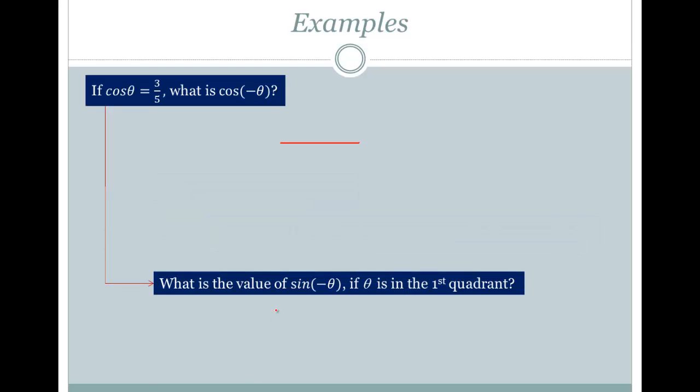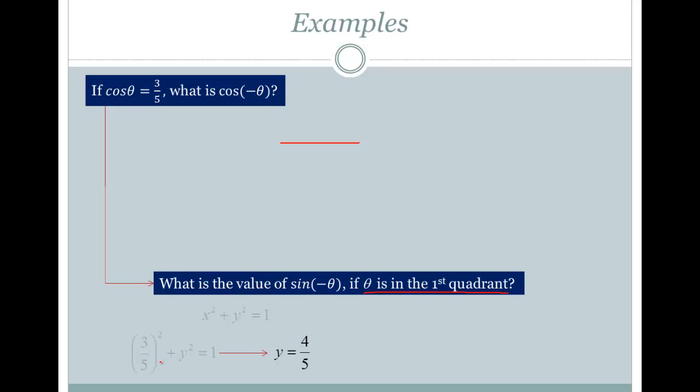Now what happens if I want to know about sine of negative theta? And I'm giving you the information that theta is in the first quadrant. Okay? So the first thing we want to do is look at the unit circle. Here's my equation. If my x value is 3/5, now I want to find out what my y value is. And you guys should look at this and be able to see that this is going to be 4/5.